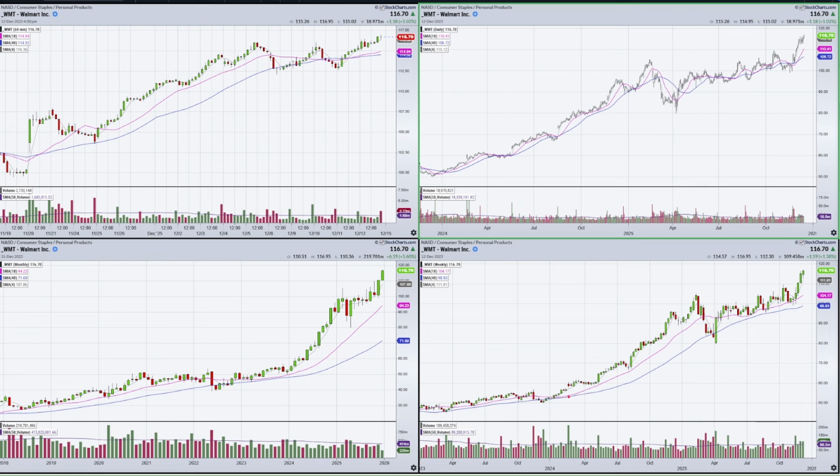So right about this point, they were both rising, the 18 was above the 40 and price was at least above the 40. As long as price is above one of the 2 moving averages and the 18 is above the 40 and they're both rising, then you have a trend in place.